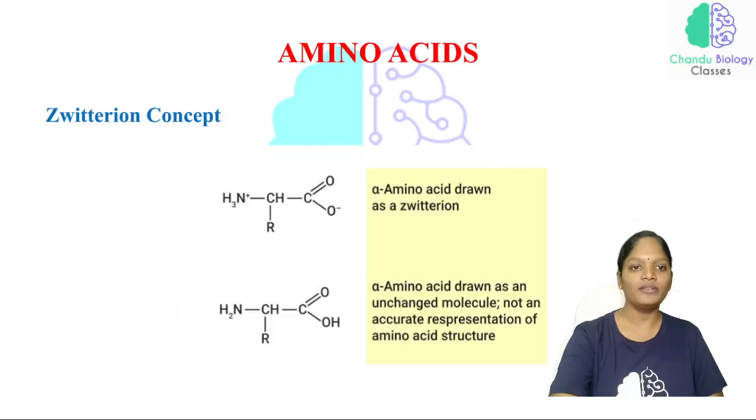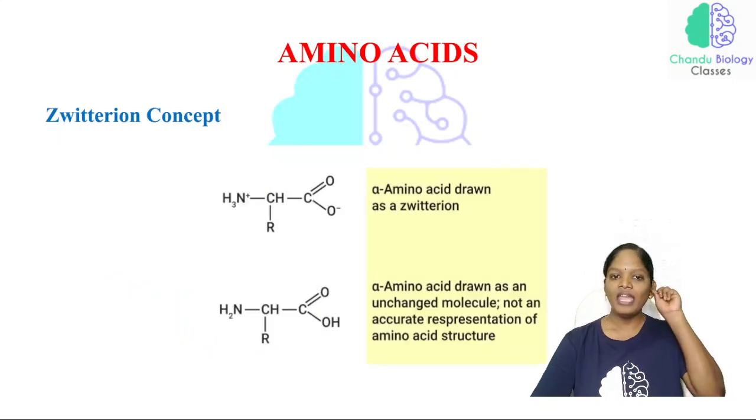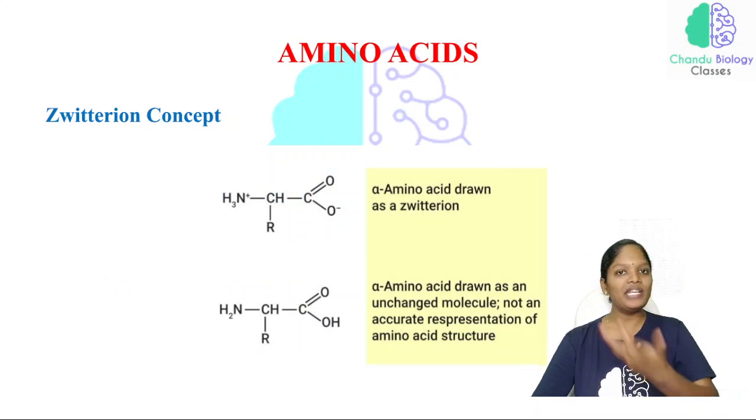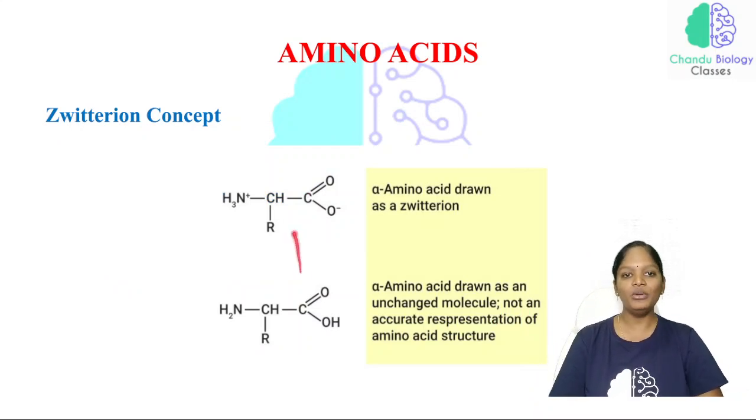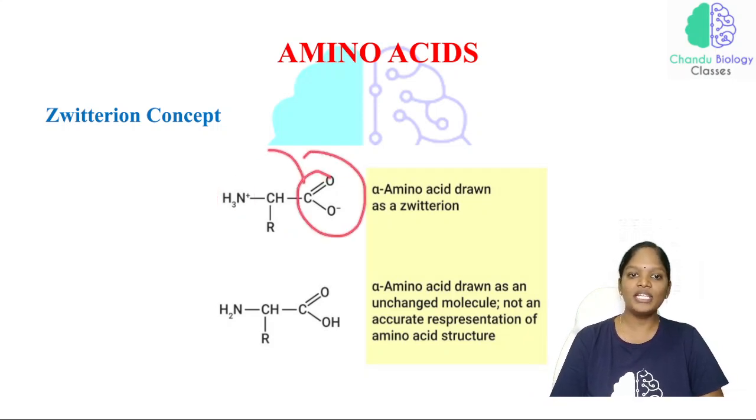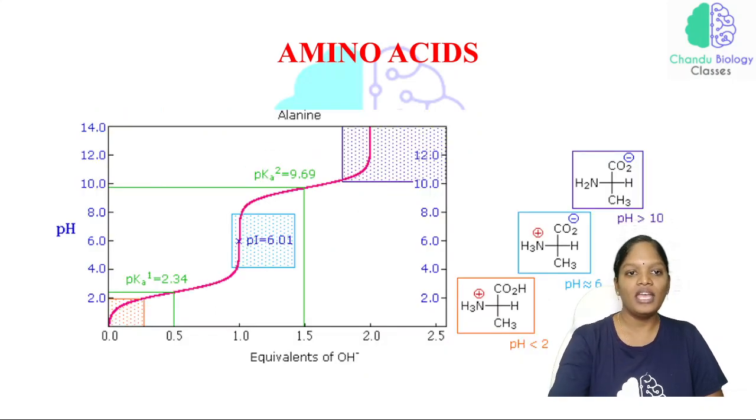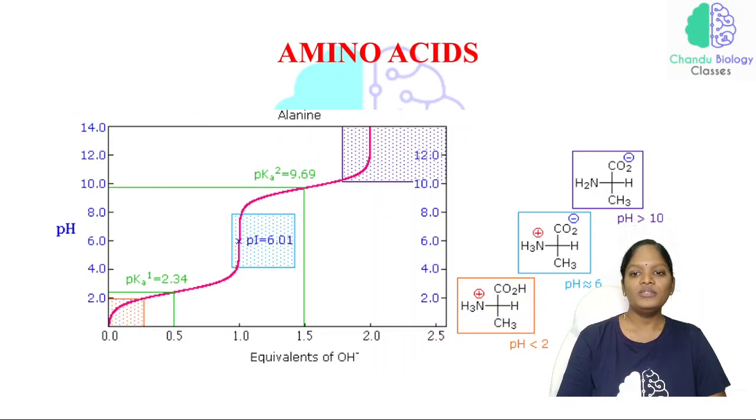Very important. Now, coming back to the same thing, the Zwitterion concept, just now I have explained to you. As it accepts the hydrogen which is donated by the carboxylic group, it acquires a positive charge. As it is donating, it acquires a negative charge, and that is what a Zwitterion is.